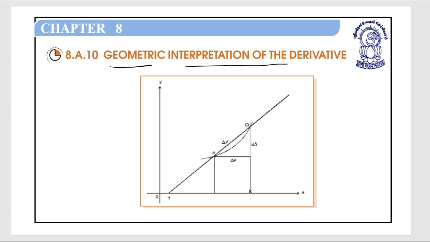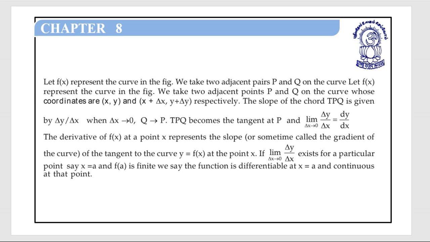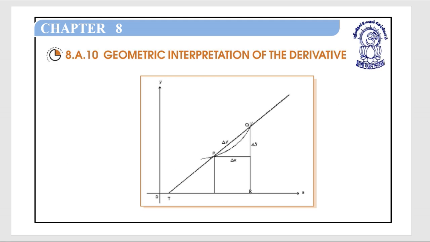Geometric interpretation of the derivative. Let f of x represent the curve in the figure. We take two adjacent points P and Q on the curve whose coordinates are (x, y) and (x plus delta x, y plus delta y).